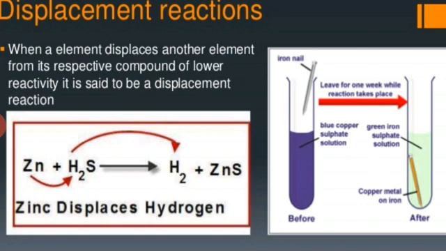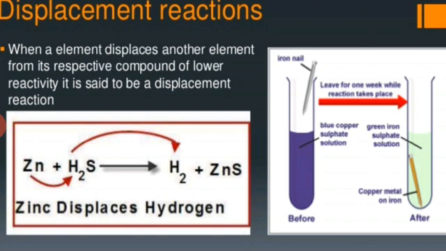Displace means to remove from the place. When a more reactive metal or a non-metal displaces a less reactive metal or non-metal from its position, then it's called a displacement reaction.